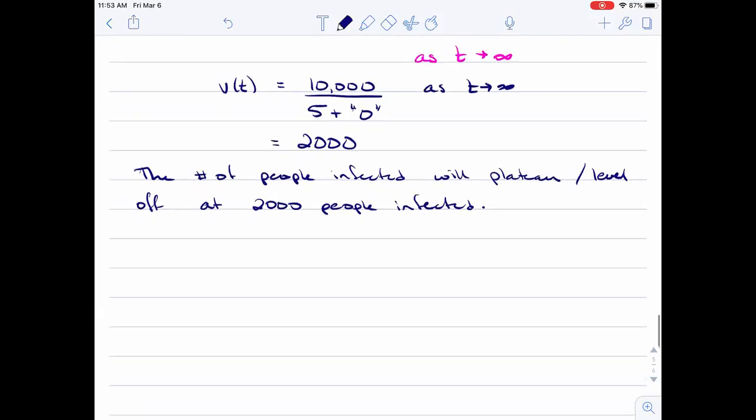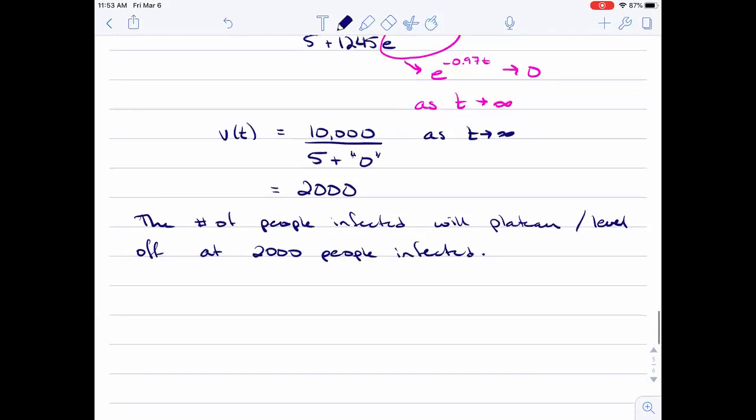So thinking about a problem, how long is it going to take for us to get to that number? How long until we reach about 2000? If we remember our graph, it approaches 2000, looks like a horizontal asymptote. But if we try to get to a value that's a little bit less than that, then we can figure out approximately how long it took to get there.